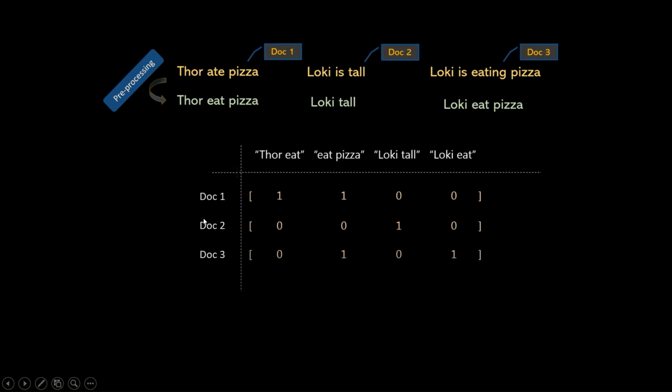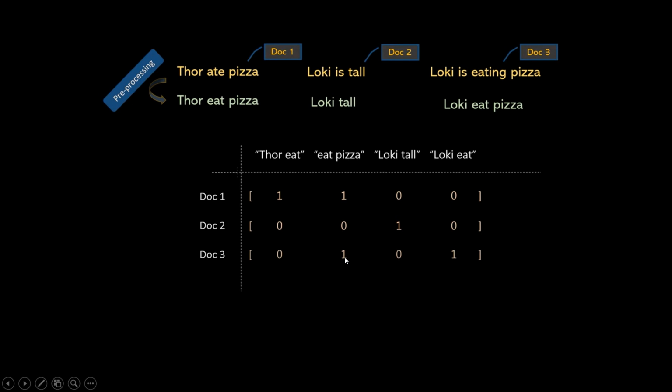Thus, this is the vector representation of all these three documents across the bigram vocabulary. Looking at these vectors, we can say very clearly, comparing document 1 and document 3, there is a matching value at the place eat pizza in document 1 and document 3.